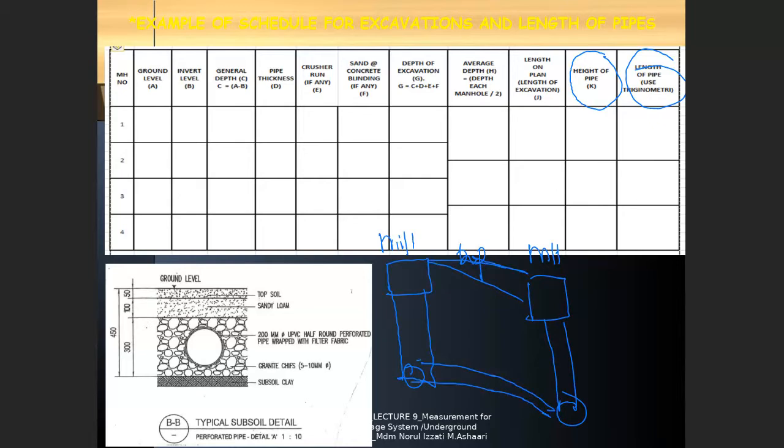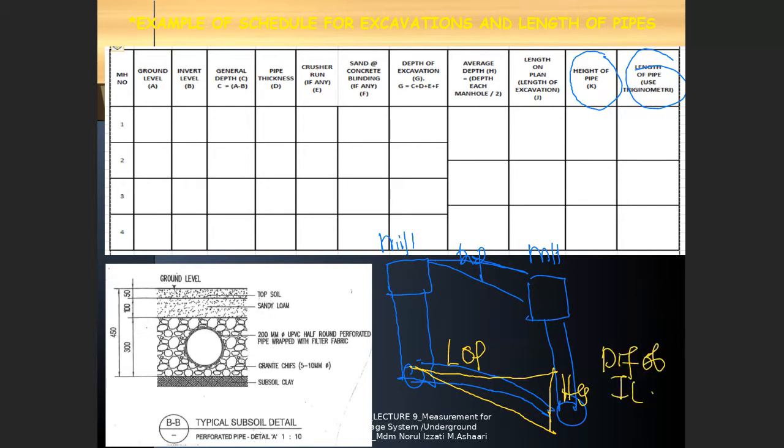Basically we can take out the triangle. If I use another color, you can see something like this: 1, 2, 3. Can you see the triangle? The first length is the length on plan, so this is LOP. How do you get the height? This is the difference of invert level.